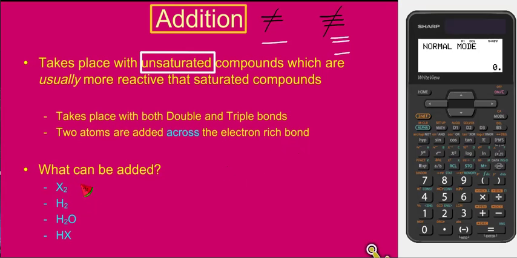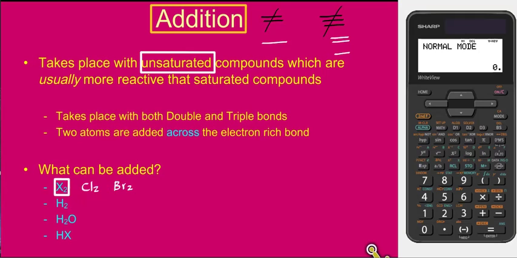So here are the things that can be added. You see this one, it's diatomic. They belong to Cl2 chlorine, Br2, all of that. Sometimes they're gases.